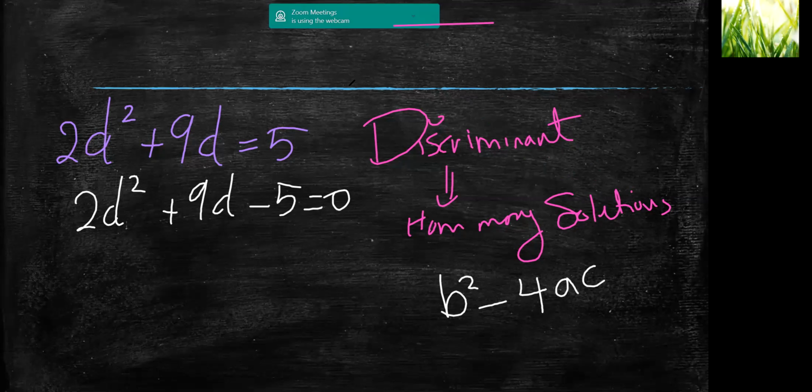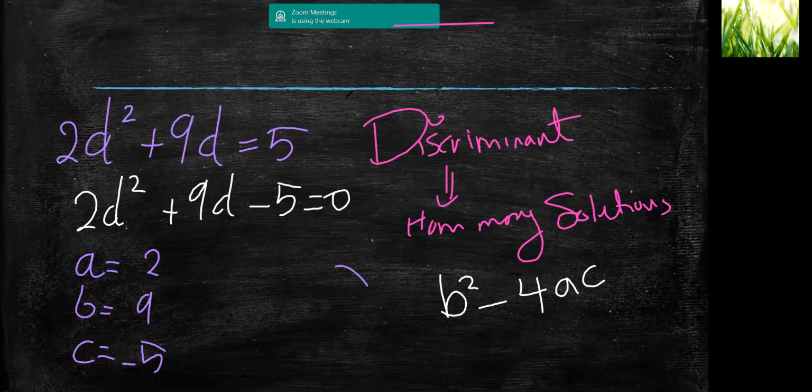So what do we have to find? We have to find which is a, which is b, and which is c. What is a here? 2. And what is b? 9. And what is c? Negative 5. So after that, let's replace them in the discriminant.